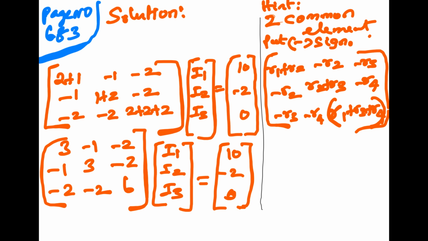The obtained matrix format is I1, I2, I3 with the resistance matrix 3, minus 1, minus 2; minus 1, 3, minus 2; minus 2, minus 2, 6, and the voltage matrix 10, minus 2, 0.